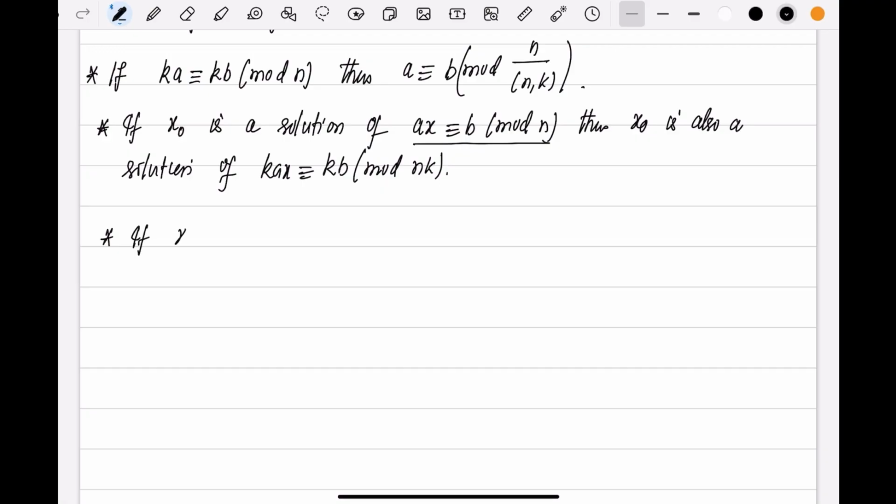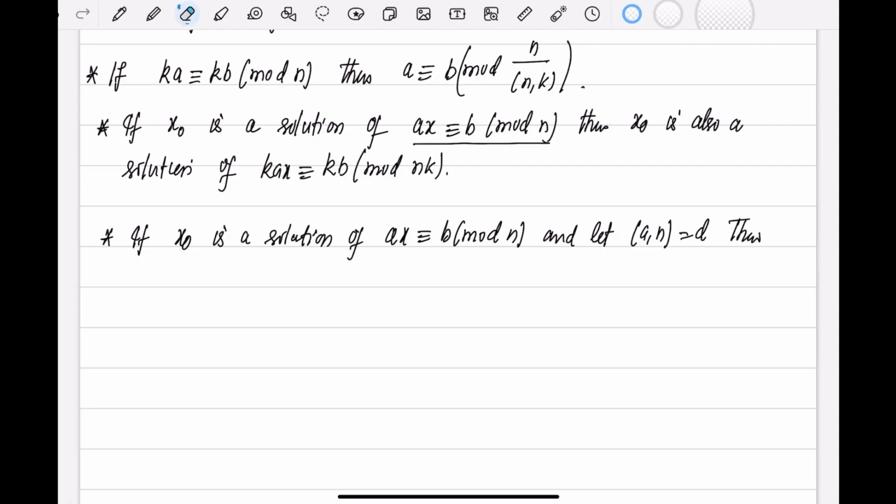If x naught is a solution of ax congruent to b mod n, and the GCD of a and n is equal to d, then the other solutions are x naught plus n by d.